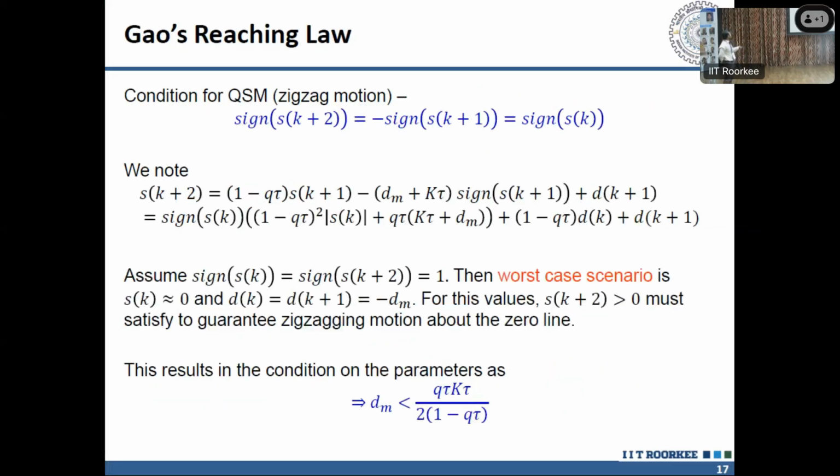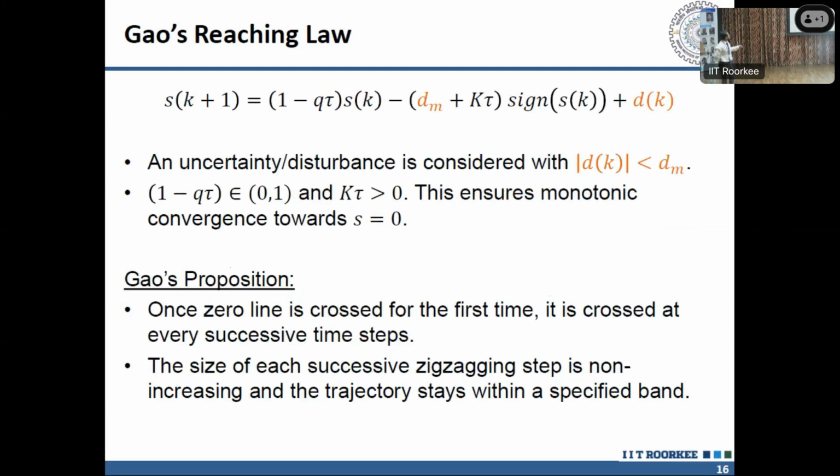For the quasi-sliding mode, the zigzag motion, one thing you just appreciate is that monotonic convergence is still guaranteed, since this value covers whatever value it can have. Suppose you are starting from the positive side. This can take maximum dm, but still this value will be more than dm.